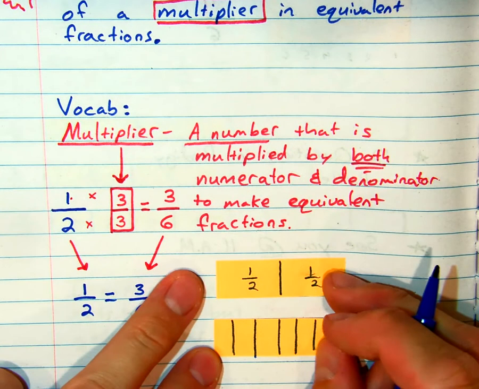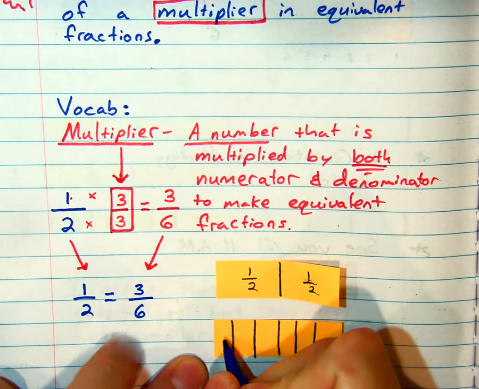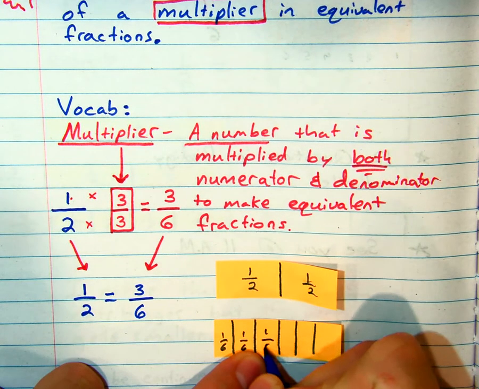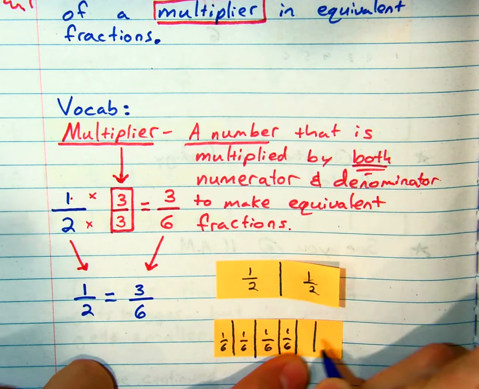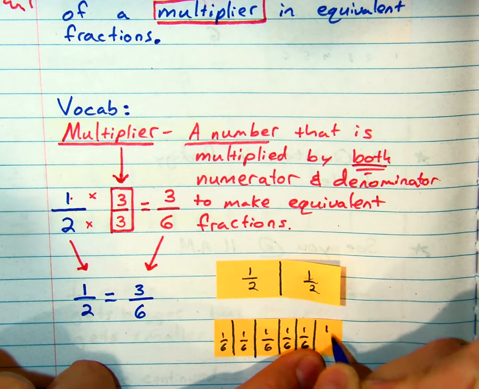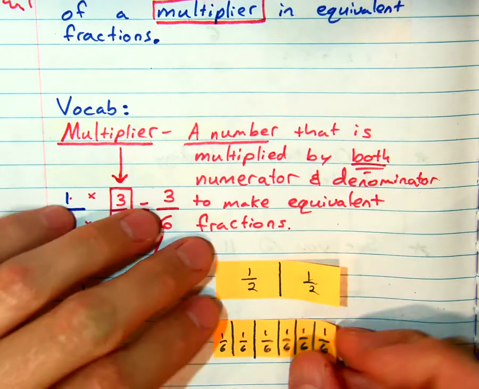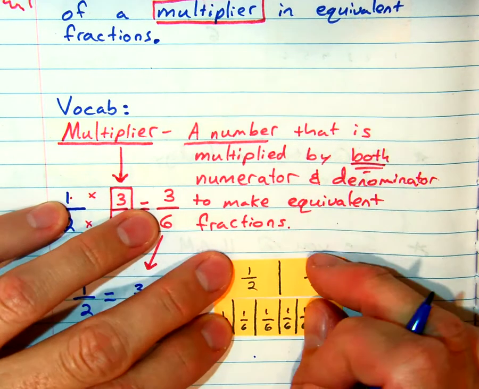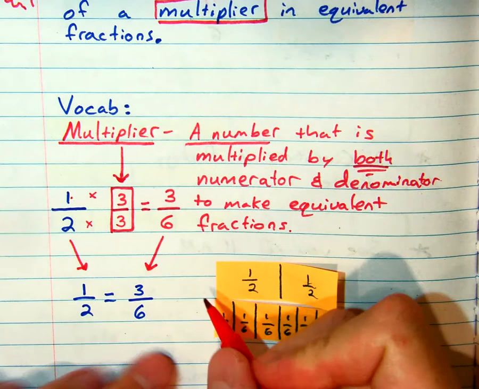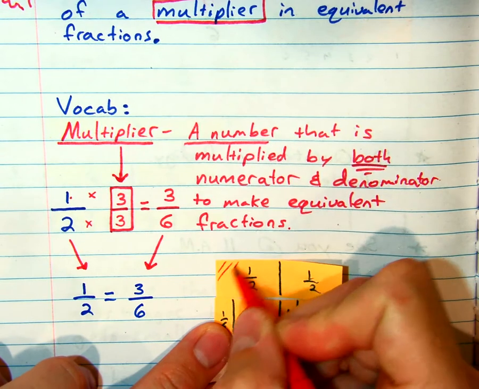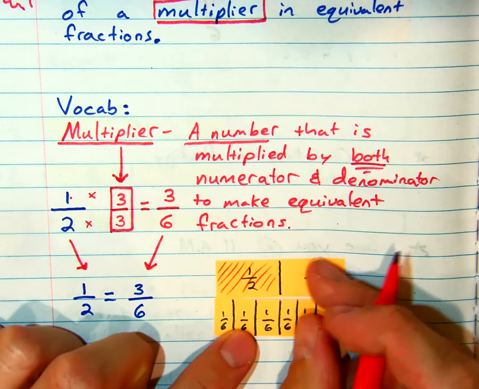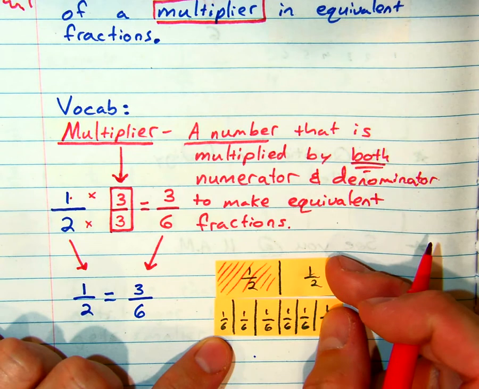So now I have 1/6, 1/6, 1/6, 1/6, 1/6, and 1/6. I can move them closer, and if I'm shading in just 1/2, I want to see how many sixths are equivalent, and it looks like it's going to be 3.